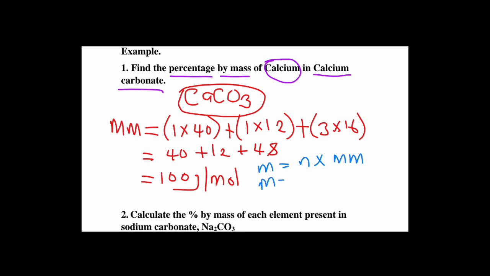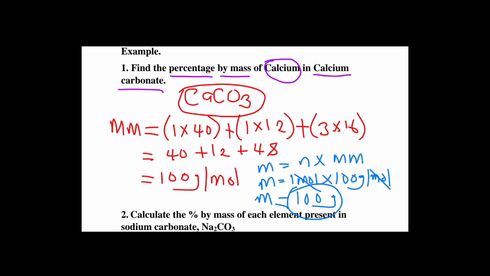So mass equals number of moles, we just have 1 mole of calcium carbonate, times 100 grams per mole of calcium carbonate. The moles cancel and we remain with mass equals 100 grams. So when we have 1 mole of calcium carbonate, we are going to have 100 grams of calcium carbonate.